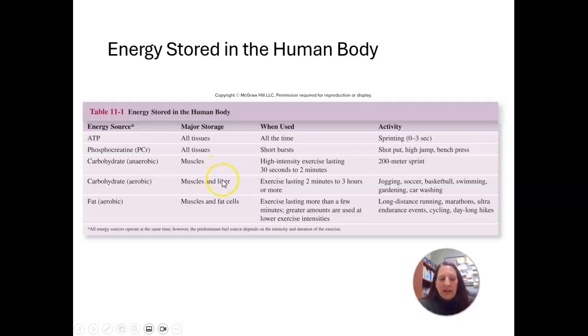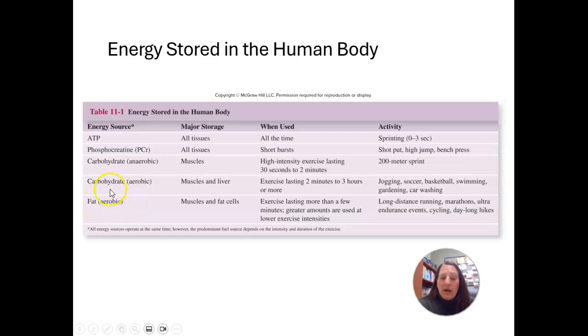Blood glucose gets taken up by your muscles, and then you will use that. So again, exercise lasting 2 minutes to 3 hours or more. Things like jogging, soccer, basketball, swimming, gardening, car washing. So, moderate intensity exercises.